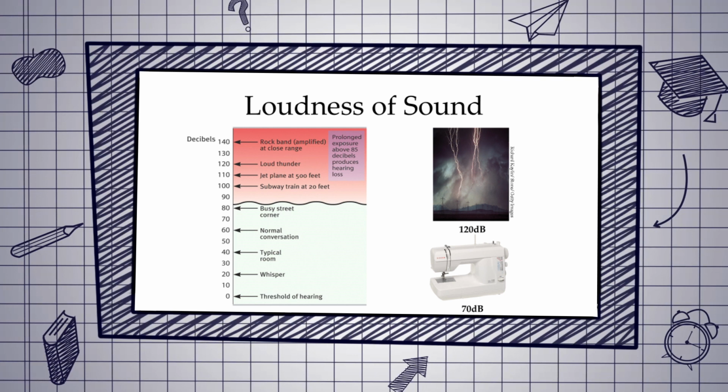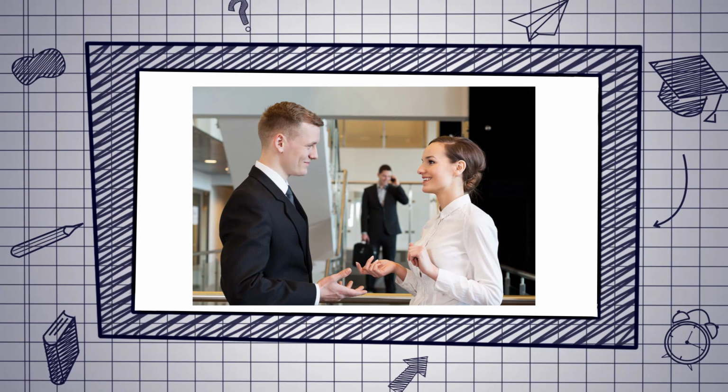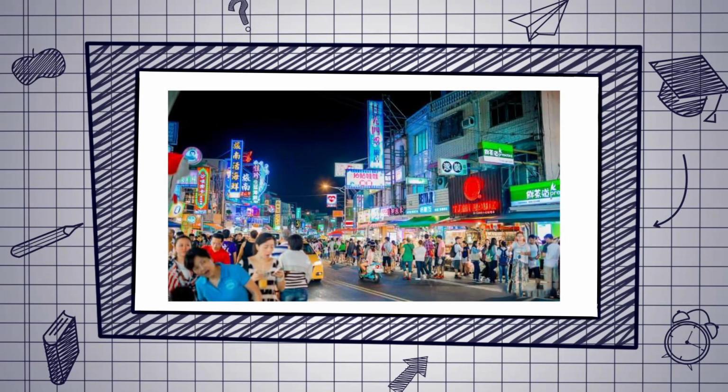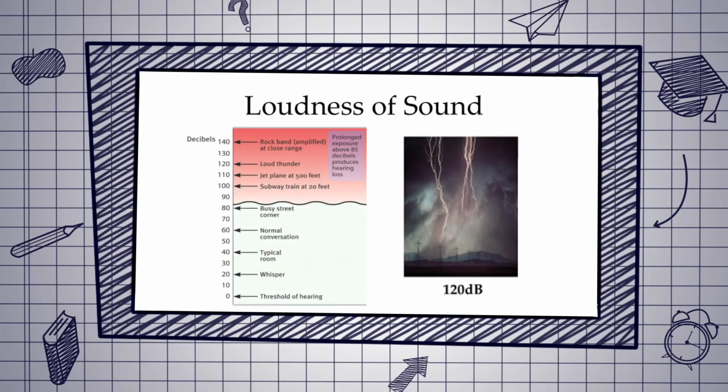Aligned with sound loudness, we can measure different amounts of sounds and give them decibel numbers. So a conversation like this is about 60 decibels, and a busy street corner is around 80 decibels. A loud thunder is about 120 decibels.